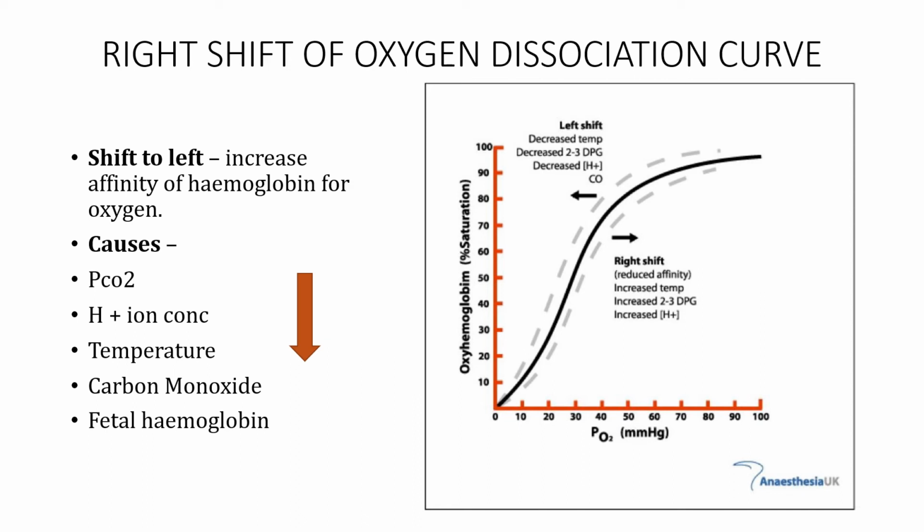If the graph is shifting towards your left hand side, then it is known as shift to left. When the graph curve is shifting towards your right hand side, then it is known as right shift. So shift to left means there is an increase of affinity of hemoglobin for oxygen.